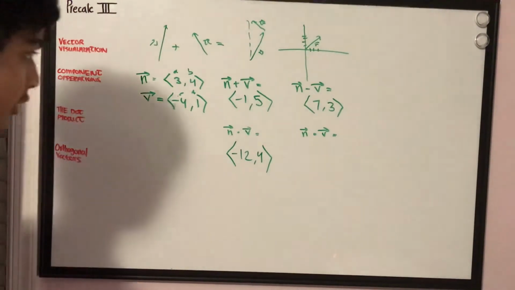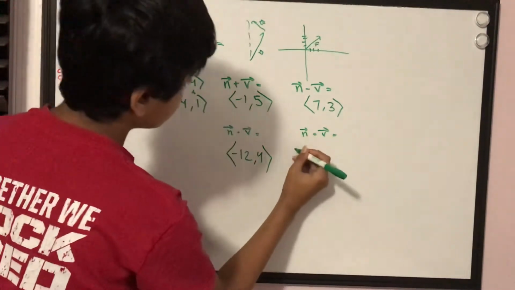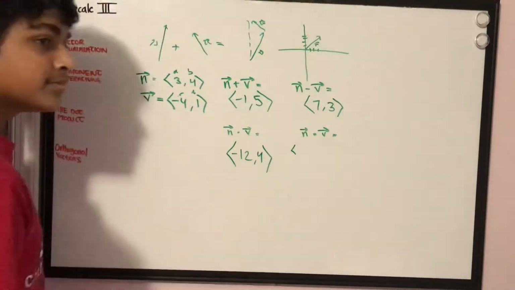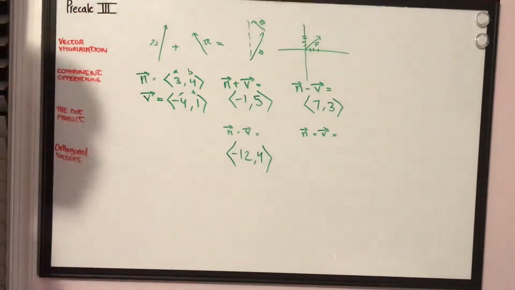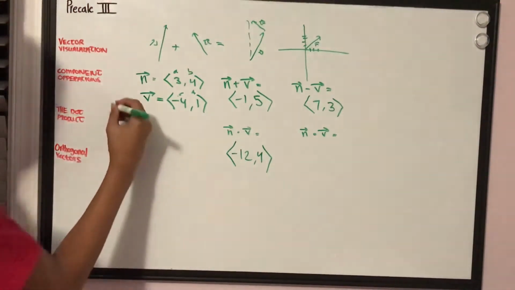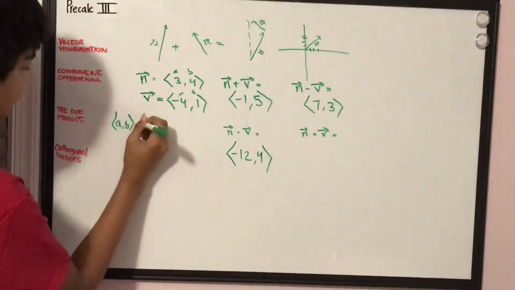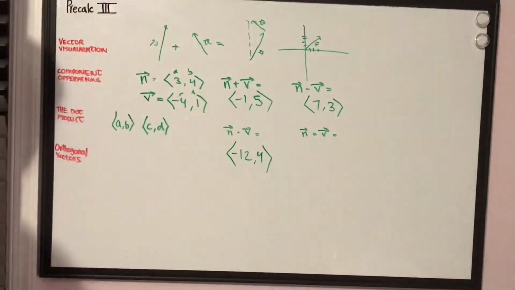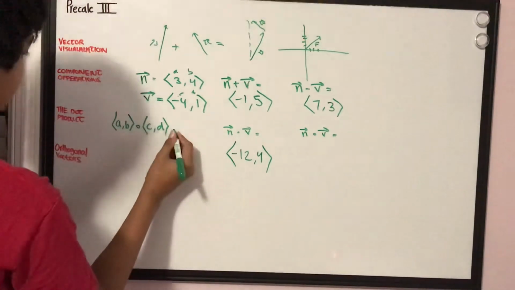So let's express n and v as components. But actually, before that, let me give you the formula for what a dot product is. Let's say we have two vectors, a, b and c, d, and we had to dot them.